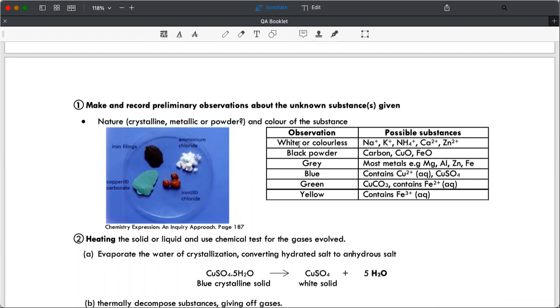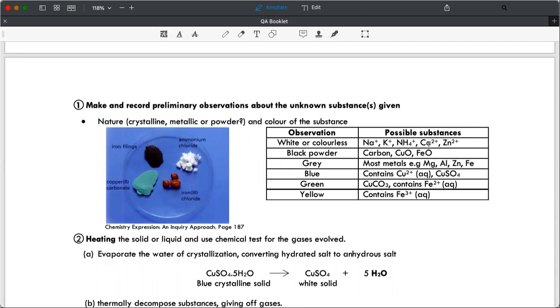So if the solid is white and the solution is colorless, by the way, we cannot say a solution is white, because if the solution appears white, then it is not a solution. It is a suspension which has white solid suspended in the mixture. We cannot say a solid is colorless. We only describe a solid as white. Colorless is used to describe a liquid or solution.